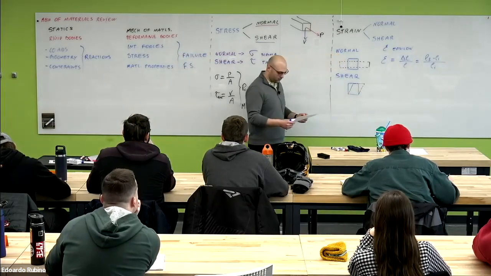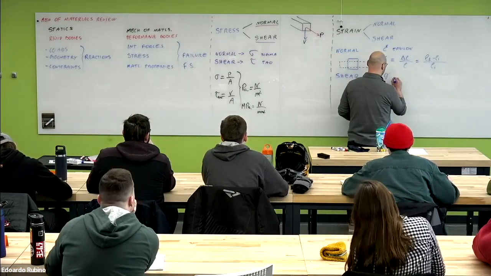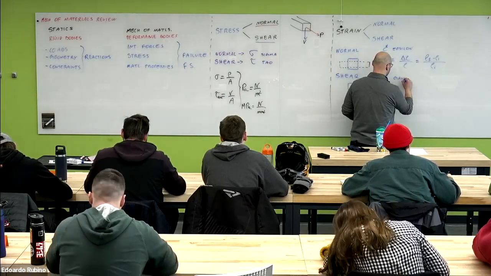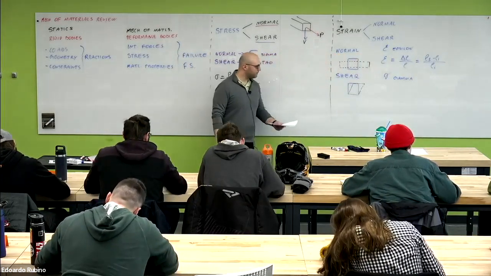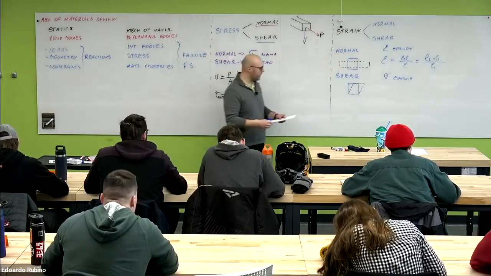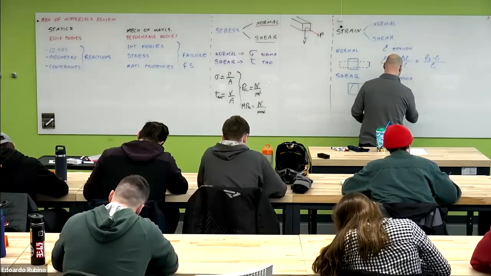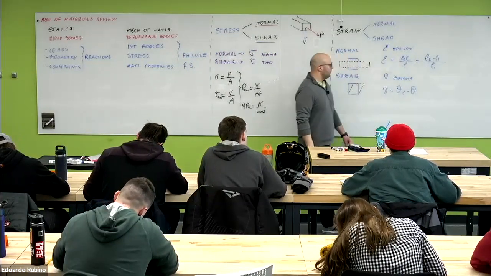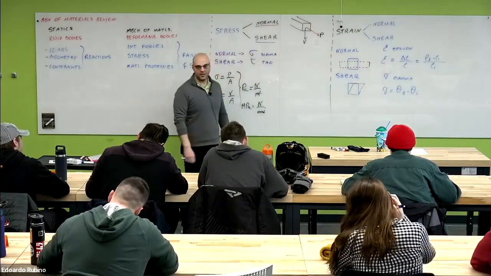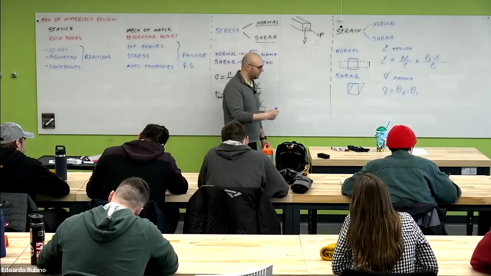Regarding the shear strain, we use the symbol gamma. Use the Greek letter gamma. And the equation, the strain, again, is the difference in the angle before and after the deformation.